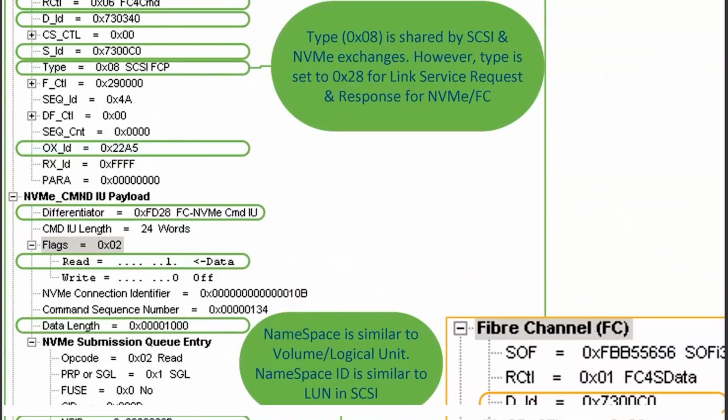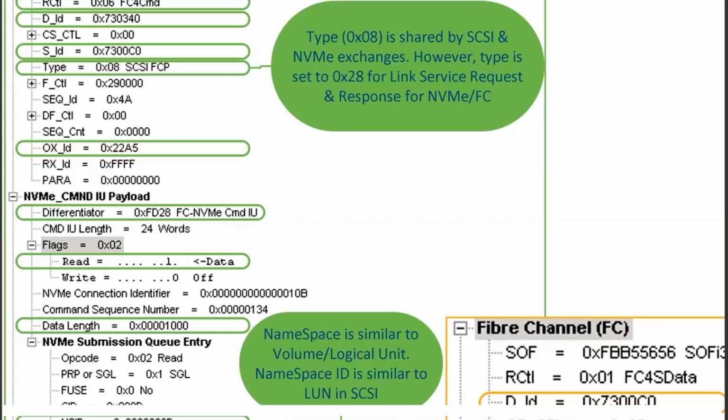And here, this is actually a packet trace of an NVMe read command. We still see 08 hex, right? This may be a point of confusion, but it should not be. This is exactly by design. This is the reason that we are able to support NVMe and SCSI in parallel on the same fabric without any change, because we did not change the type.